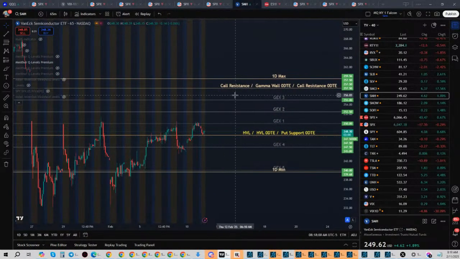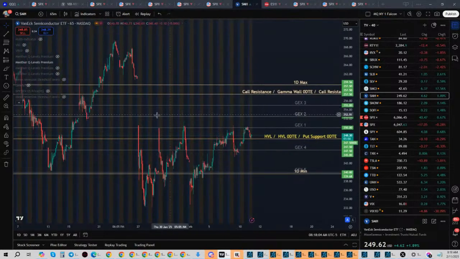Can't seem to get over 250 and stay over 250 since we had that gap breakdown. This is probably the DeepSeek breakdown when NVIDIA and the semis got beat up. It can't seem to get out of this range, which suits me just fine because I like selling premium.